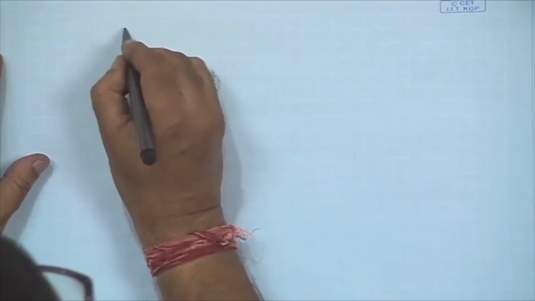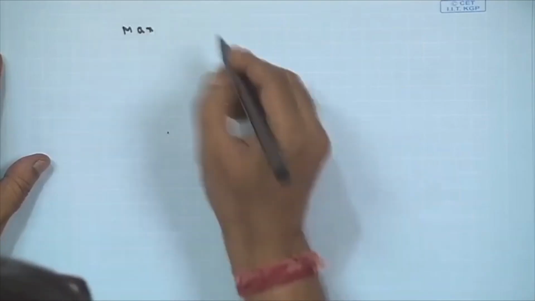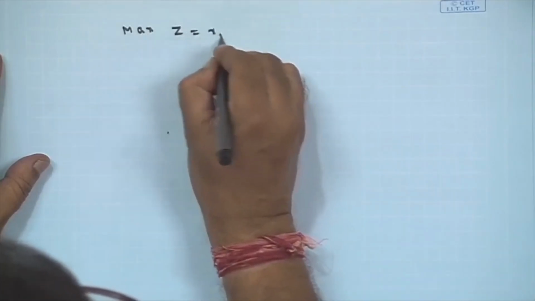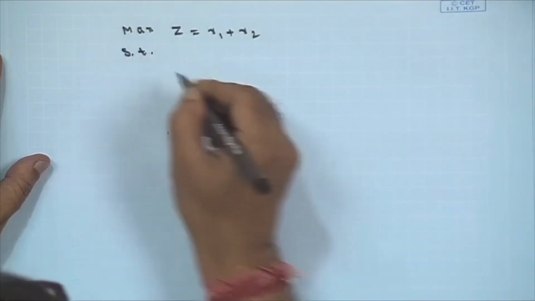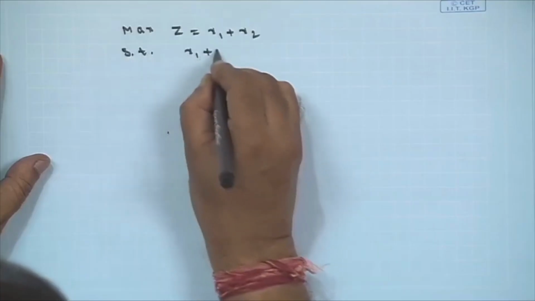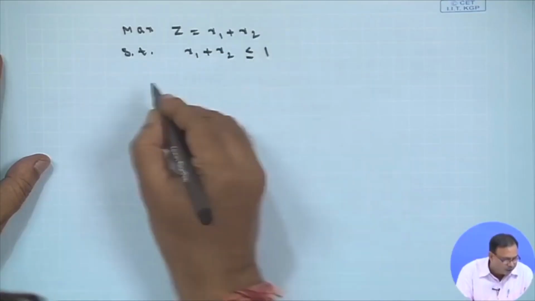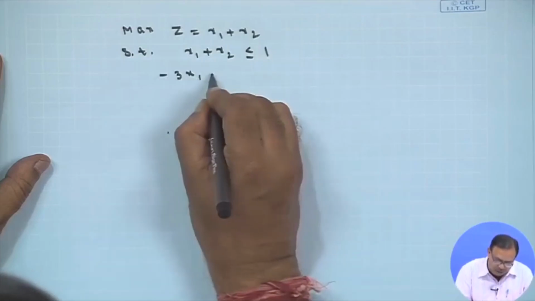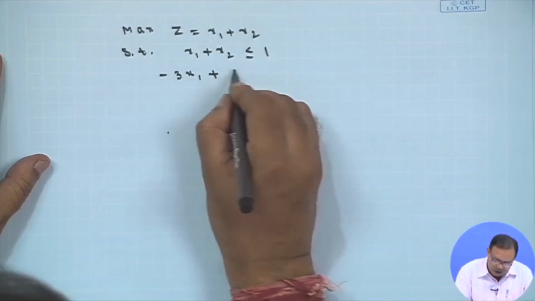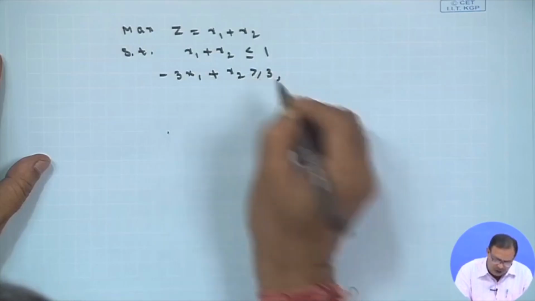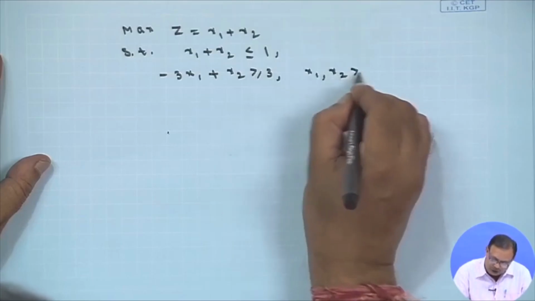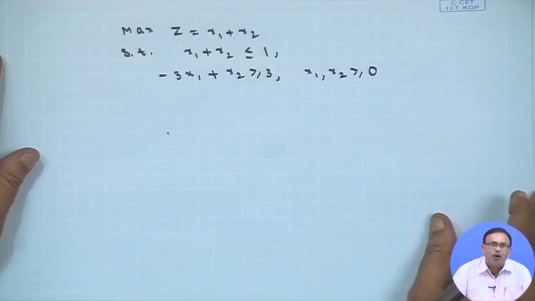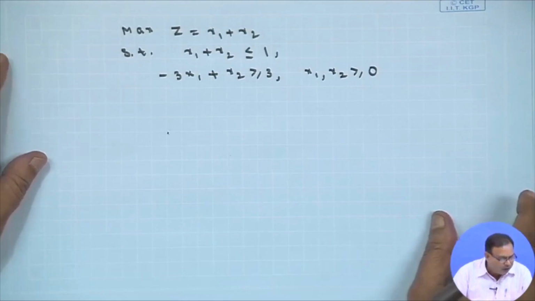The next problem: maximize z equals x1 plus x2 subject to x1 plus x2 less than or equal to 1, minus 3 x1 plus x2 greater than or equal to 3, and obviously x1, x2 greater than or equal to 0. These are the three conditions you are using.